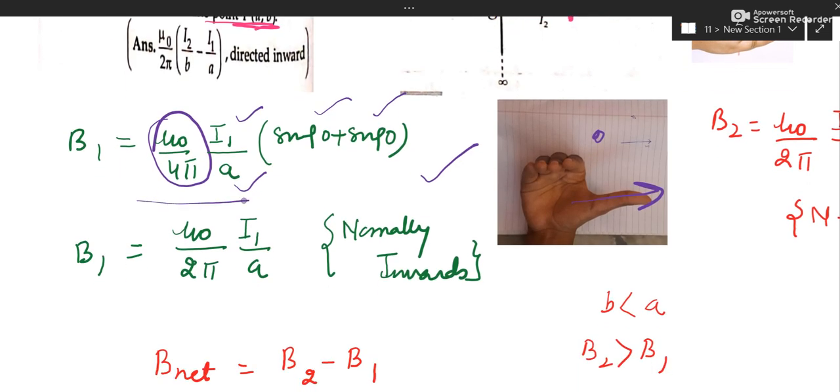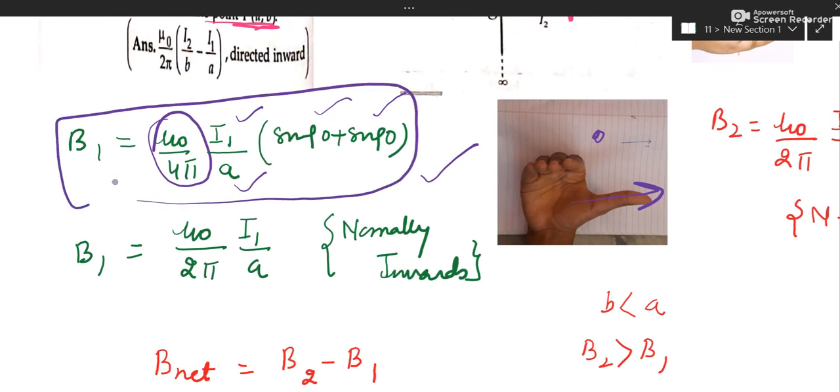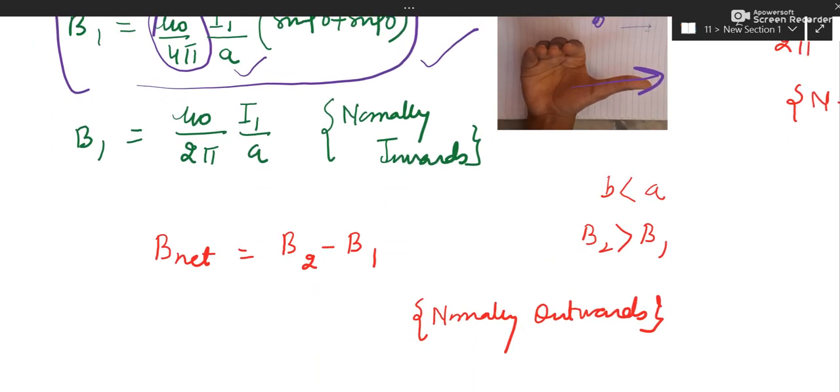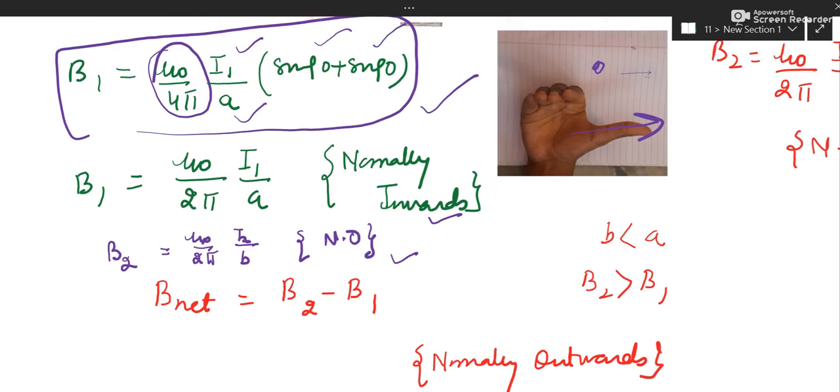This is B1, right? Coming to B2. B2 I have not written, but it will be the same, only mu naught by 2 pi. Only I2 will come, and B will come. And it is normally outwards. So this is your B2. So both are opposite in direction, so they will be subtracted. Now who will be kept first? Whichever is more.